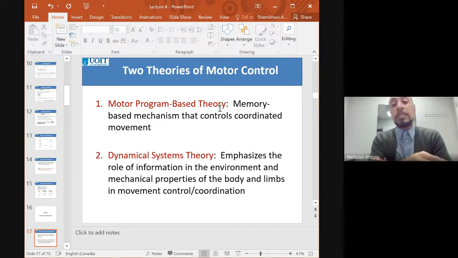The dynamical systems theory is still talking about this idea that we have a memory base of the specifics of a motor skill in our cerebellum, except what it states is that if we get the body moving, the patterning of the body sort of moves in a fashion that's predicted by the moving elements.